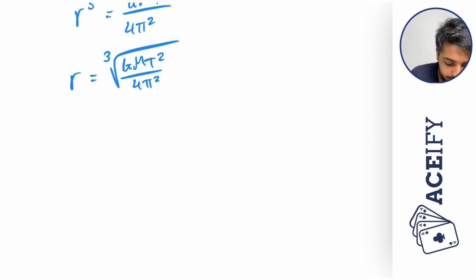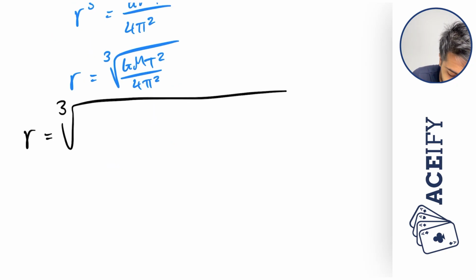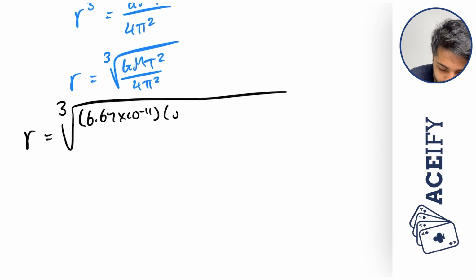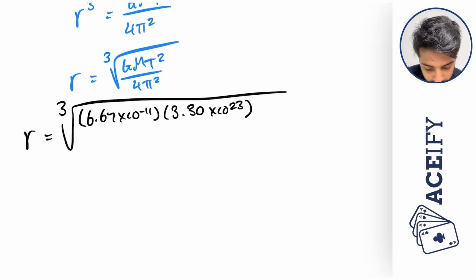Now plugging in our numbers, we get r is equal to the cube root of our gravitational constant, which is 6.67 times 10 to the negative 11, times the mass of Mercury, which is 3.3 times 10 to the 23 kg, right?